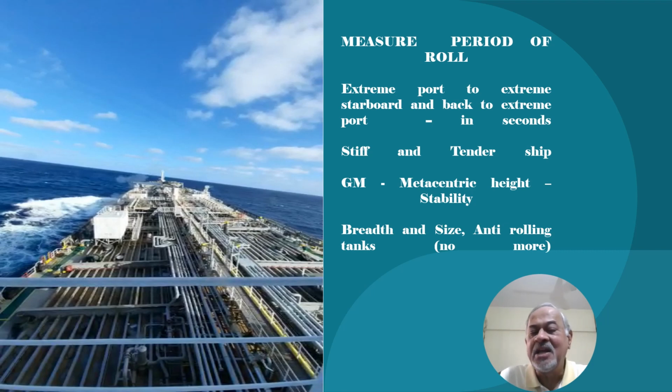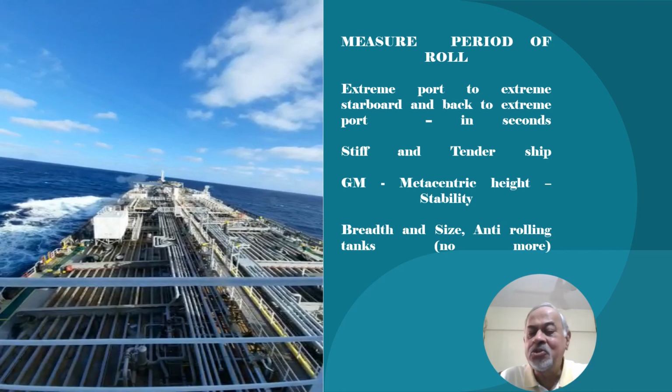And this is directly related, the stiff and tender ship, this period of roll is directly related to the stability of the ship, the GM, metacentric height, and also it depends on the breadth, size. Such type of words also go along with this period of roll.